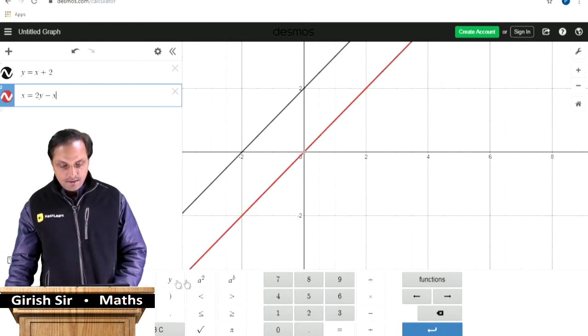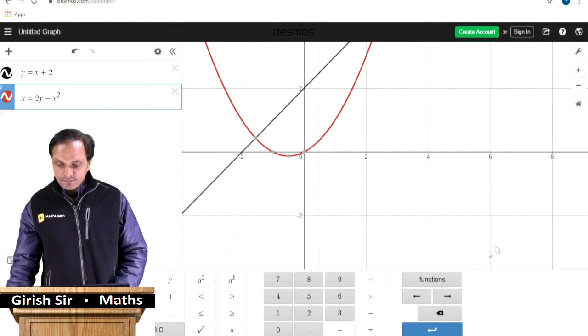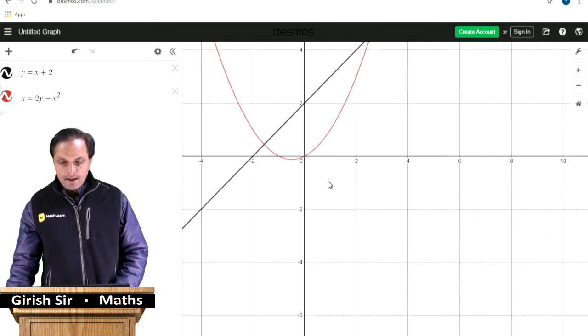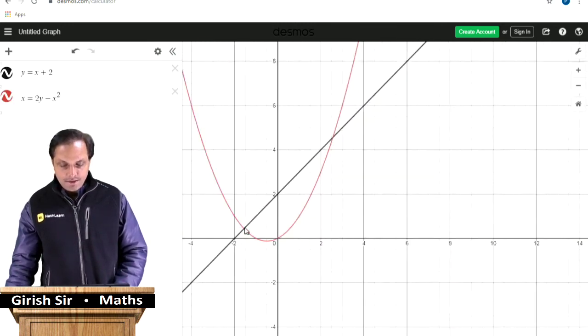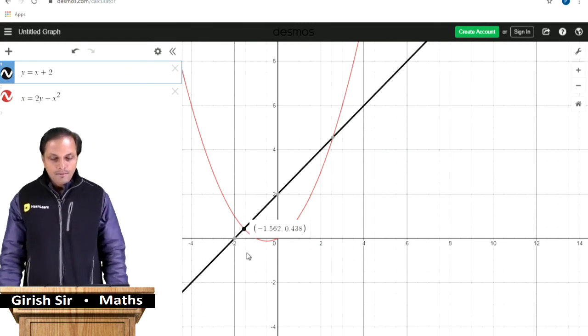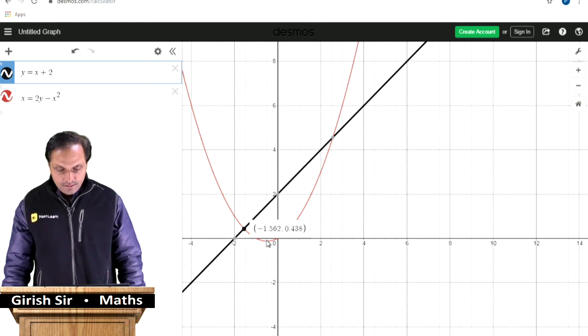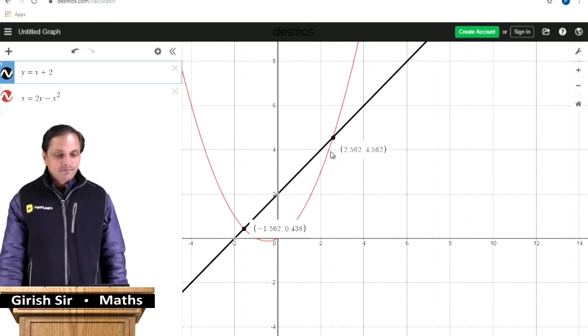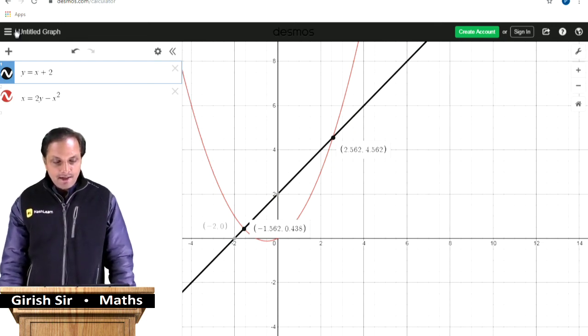Yeah, so this is what your curve is. This is minus 1.5 and this is 2. Attention, what we are getting? We are getting some decimal values.